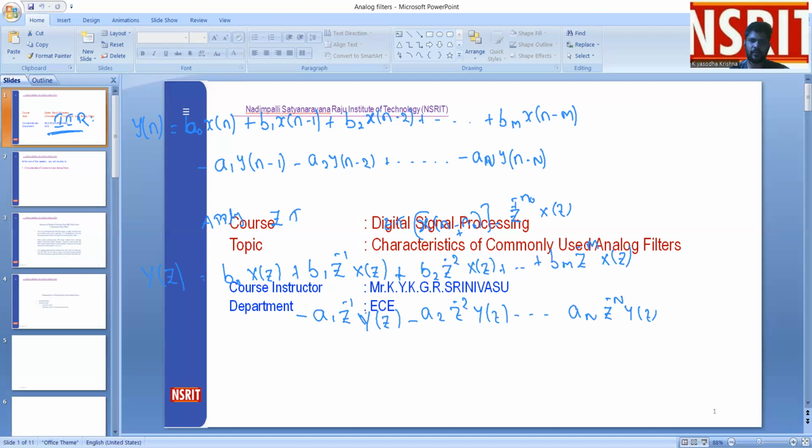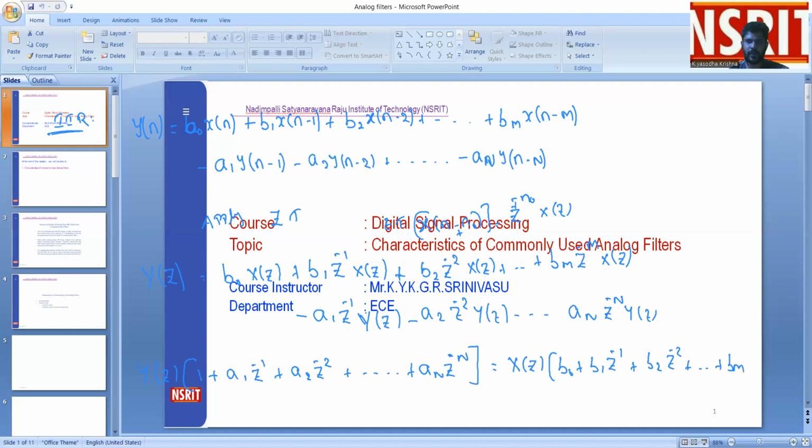Now take the y of Z terms to the left side and take y of Z common: y of Z times 1 plus a1 Z power of minus 1 plus a2 Z power of minus 2, up to an Z power of minus n, is equal to x of Z times b naught plus b1 Z power of minus 1 plus b2 Z power of minus 2, up to bn Z power of minus n.